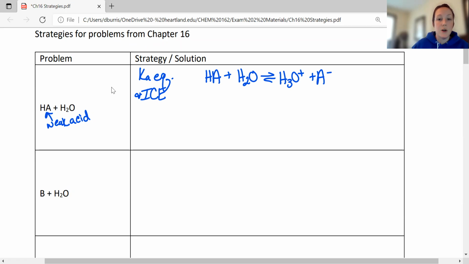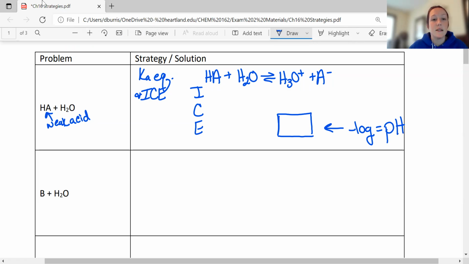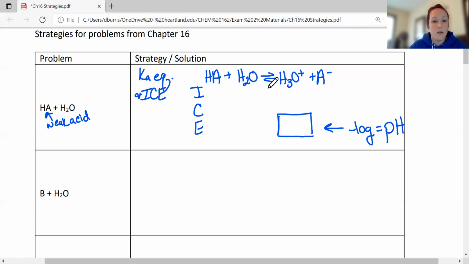Then you would go through your ice table with whatever information you have, and then you would solve for X, and you need this number here, since that's H3O plus. If you take the negative log of that, you will get your pH. So anytime it's a weak acid, you need to do your ice table.